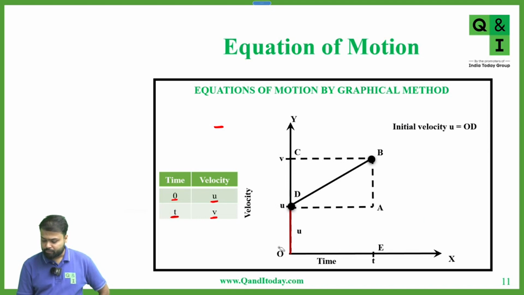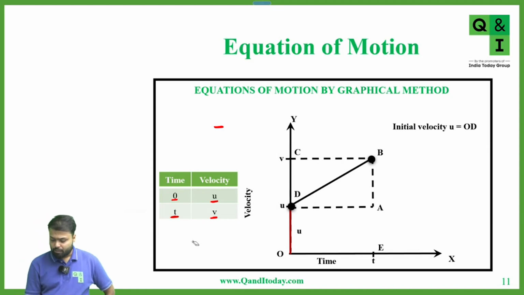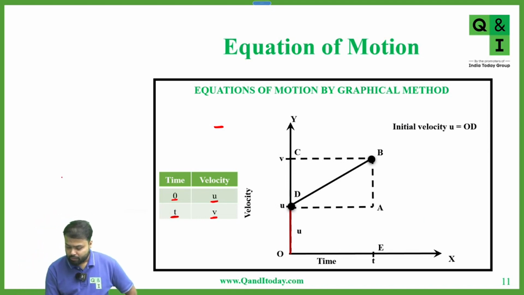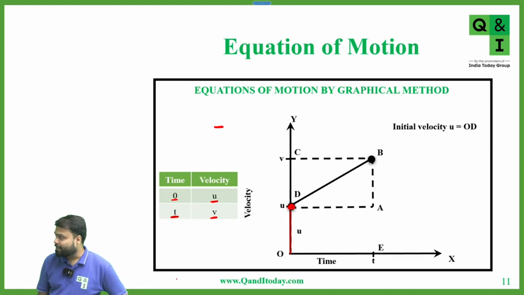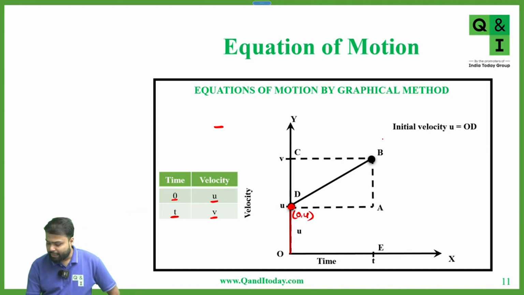Now suppose the coordinates of point D are 0 comma u, and the coordinates of point B are t comma v. Yes or no?